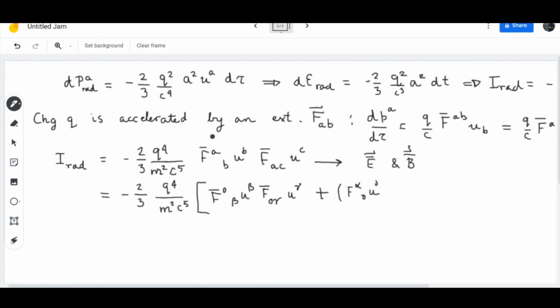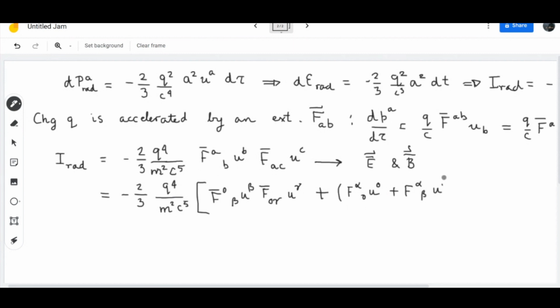So if you just look at one factor, this factor, then F alpha 0, U 0. So this is 0. But that's only one term, because I can also get a term which is F alpha beta, and then I must have U beta.